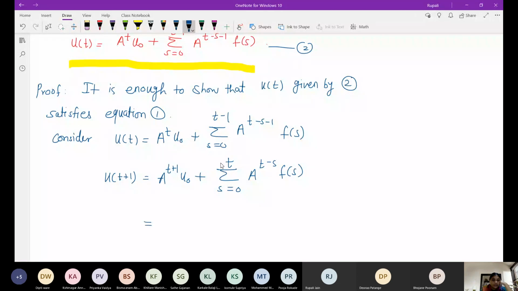So now if I take a common, what will I get?